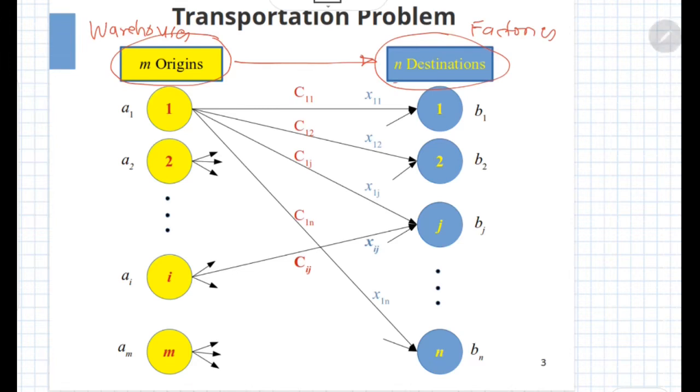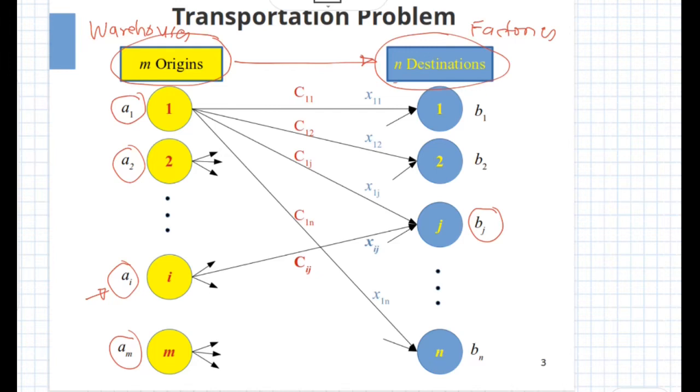Each of the warehouse can store certain amount of product. Let's call that quantity Ai, where i indicates ith origin, and Ai indicates quantity which is available at ith origin. Similarly, at the destination, we are representing Bj as the quantity which is demanded by jth destination.